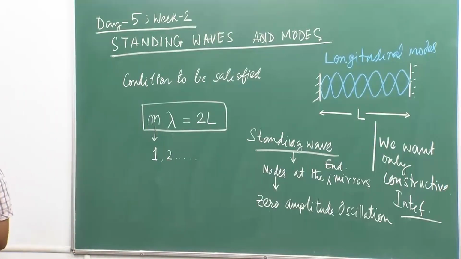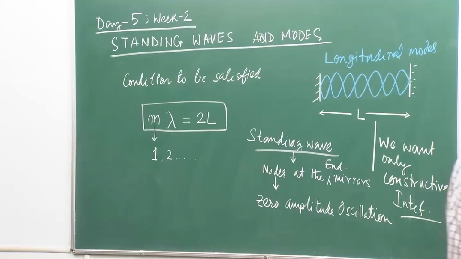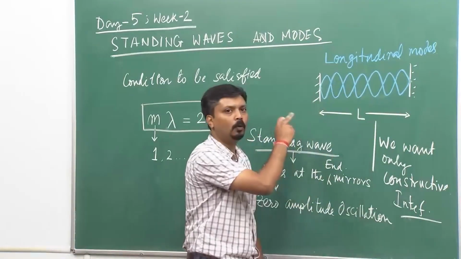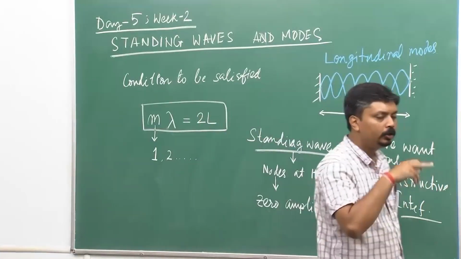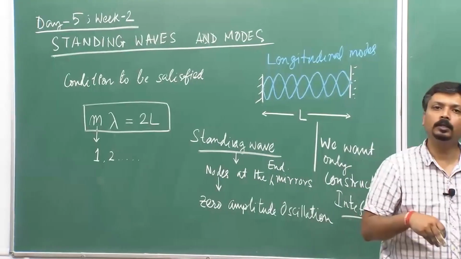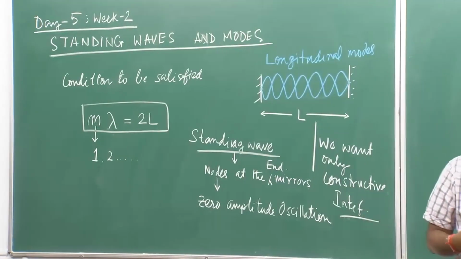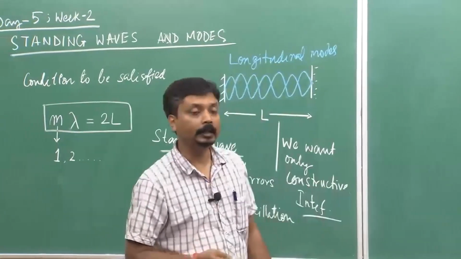Now, we need to talk about another thing. When we say that I have a longitudinal mode, mode depends on the combination of directions. So, a longitudinal mode is along the axis of the laser cavity. So, immediately you can sense that there is possibly another type of mode. Actually there is.